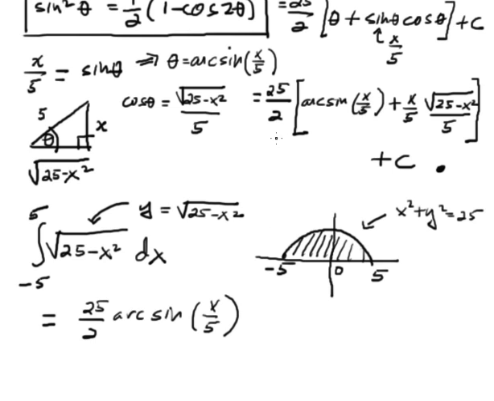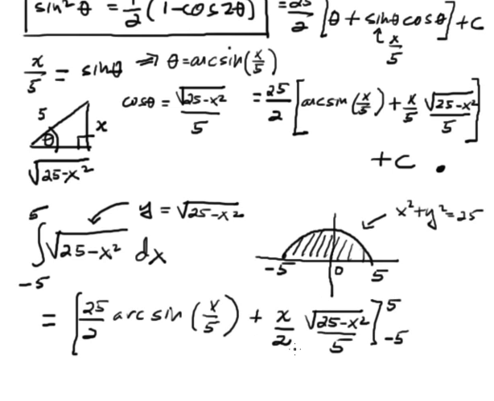And then here multiply 25 over 2 times x over 5, and we get actually x over 2 square root of 25 minus x squared over 5. And we're going to evaluate this between minus 5 and 5. Notice when we substitute either minus 5 or 5 into this expression, we get 0. So we're just going to substitute into this first term.